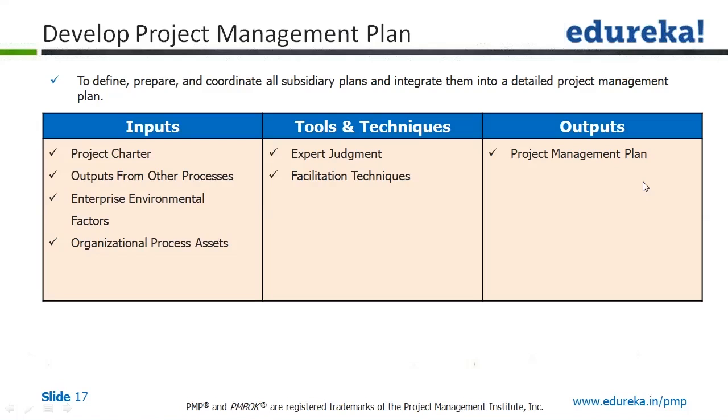So the way I would like to propose is that we understand the various inputs and outputs rather than cramming them. I would avoid cramming, because cramming would not stay in your mind for long. The PMP is one such exam which you can clear only if you have absorbed various concepts and have a good understanding of the topics. Cramming would not yield a positive outcome for you. So please do not cram. Please try to understand wherever you can.